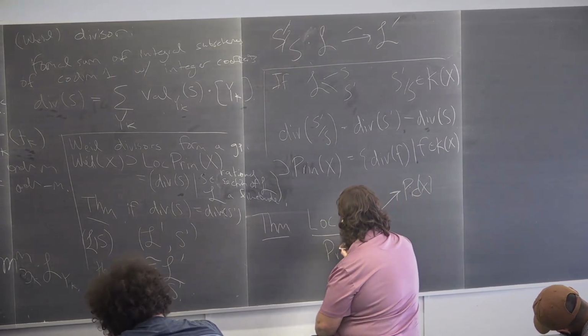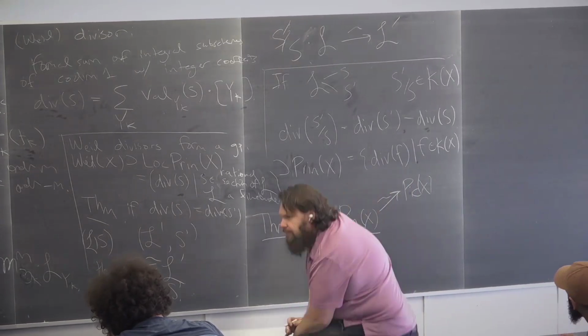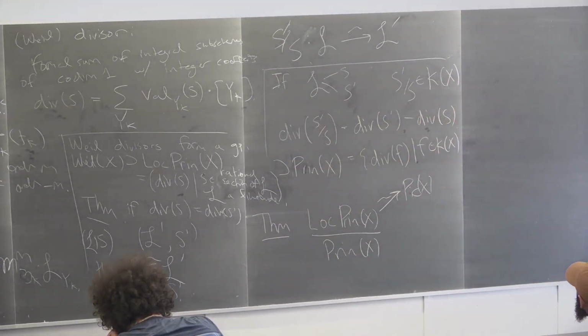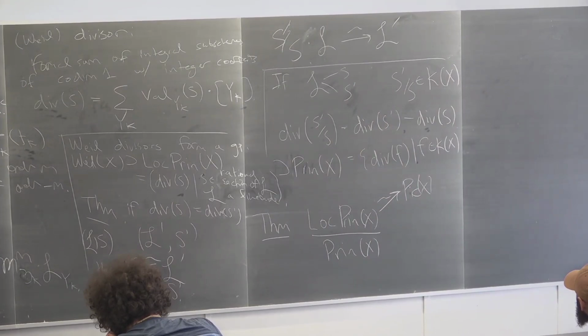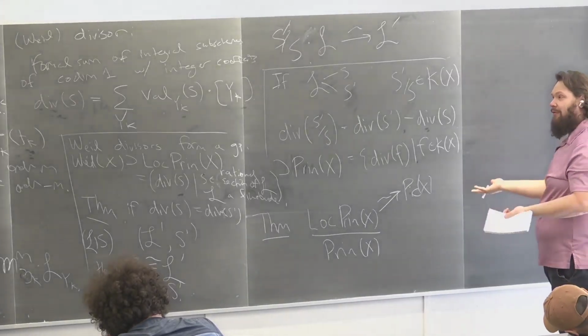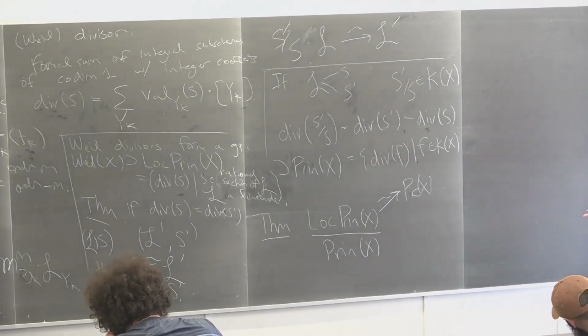And that becomes an isomorphism if I take the quotient by principal divisors. All right, so this tells me how to find all line bundles. Maybe not that explicit, because you have to figure out what all the locally principal divisors are, but it tells you something.